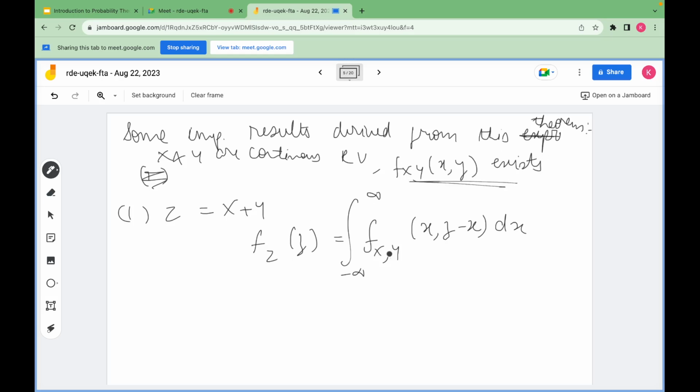Then we substitute y as z minus x and integrate over dx. Similarly, for z equal to x minus y, fz is obtained in the same way.